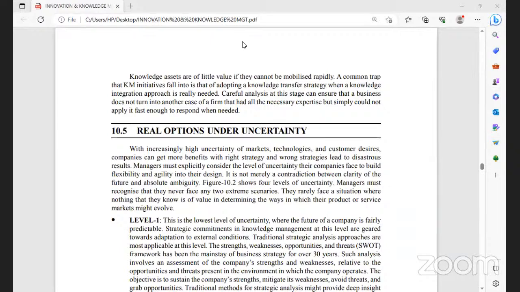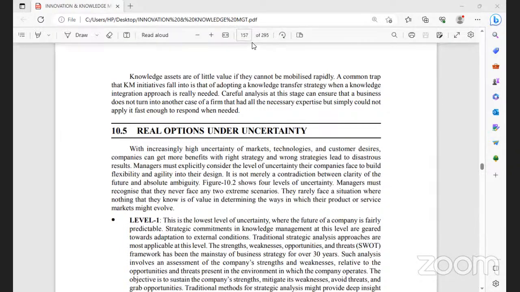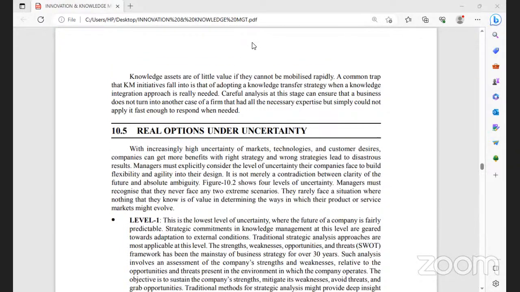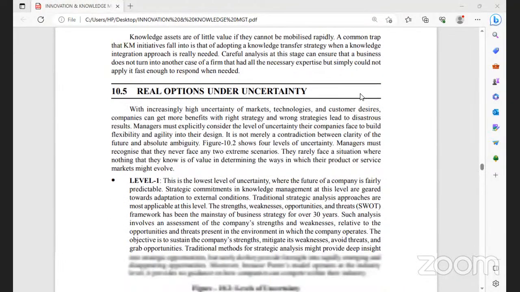A common trap that knowledge management initiatives fall into is adopting a knowledge transfer strategy when a knowledge integration approach is really needed. Careful analysis at this stage can ensure that a business does not turn into another case of a firm that had all the necessary expertise but simply could not apply it fast enough when needed. Next: real options under uncertainty.